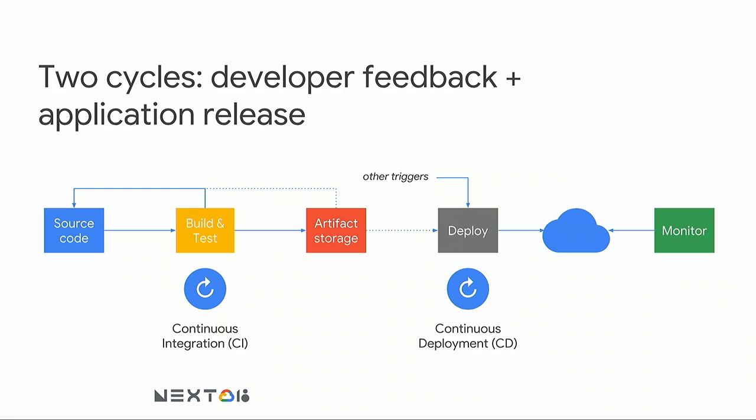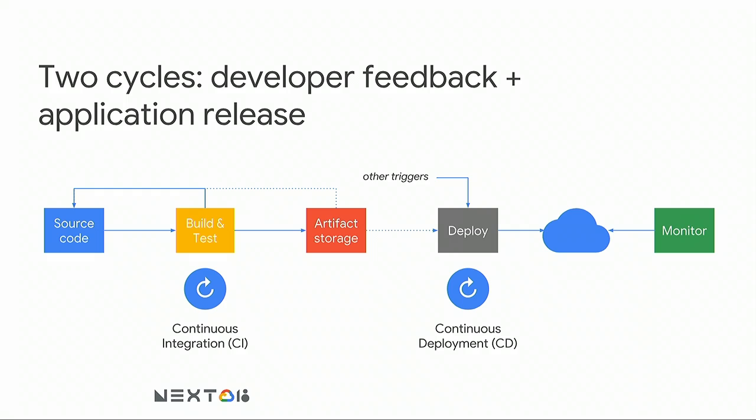I don't really use the terms CI and CD very much because they imply automation and more automation. Instead, I talk about the developer feedback cycle and the application release cycle on the other side. That framing helps me a lot because if you look at what we do at Google, or what many other companies do, your developer feedback cycle, you want that to run every single time you propose or commit a code change.